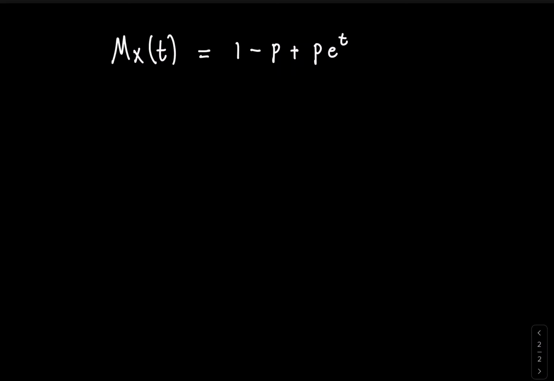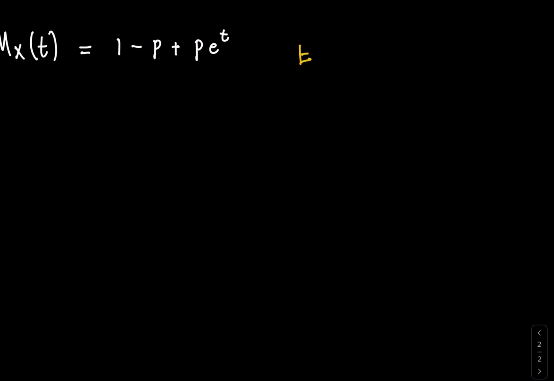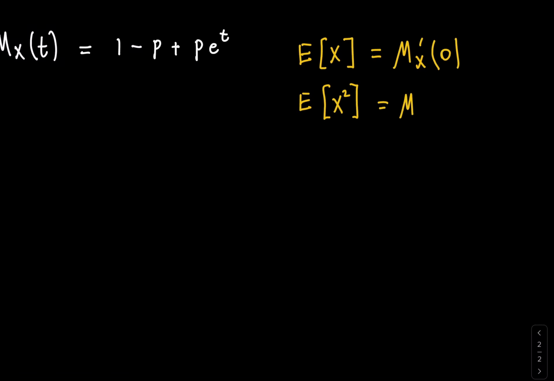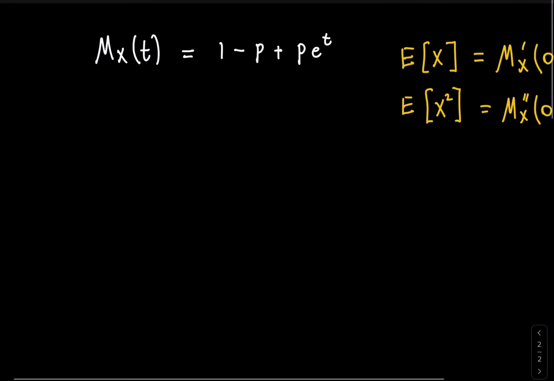Before I do any of those calculations, as an aside, remember that the first moment of X is given by the derivative evaluated at 0, and the second moment of X is given by the second derivative of the moment generating function at 0.